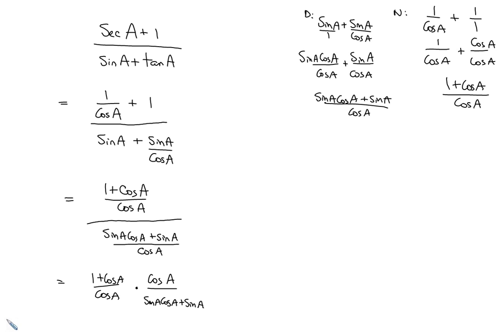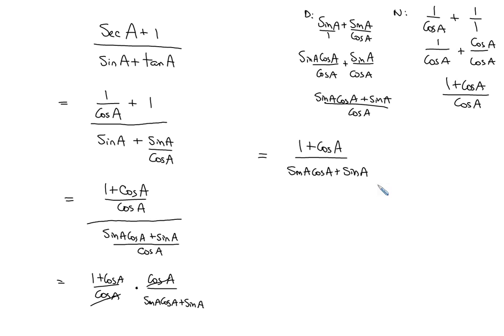Somewhat. Okay, what happens now? The cosines cancel out, and so we end up with 1 plus cosine of A over sine of A cosine of A plus sine of A.